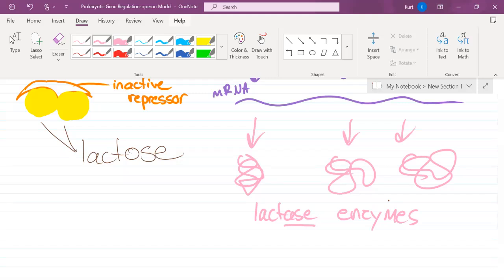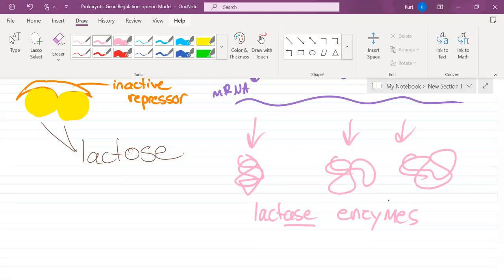Once all the lactose has been broken down, the repressor will plug back into the operator and turn the operon off because all the lactose is gone. Yes, Andrew? They'll denature. Once their purpose has been completed, they're just going to denature and break down. I'm sorry?